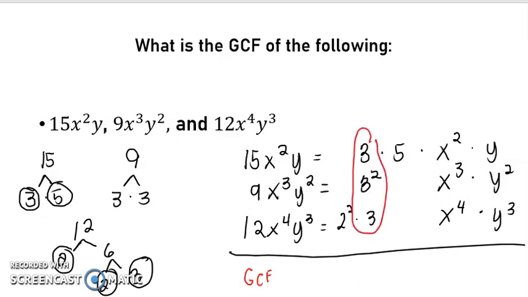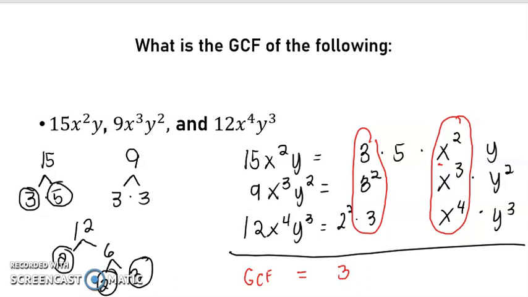The highest exponent is 2, but since 3 squared is not common to all of them, then we will just get the one with the lowest exponent, which is 3 raised to 1, or simply 3. Okay? And then, in here, they're all x, but we will just get the one with the lowest exponent, which is x squared. Okay? So, x squared only.